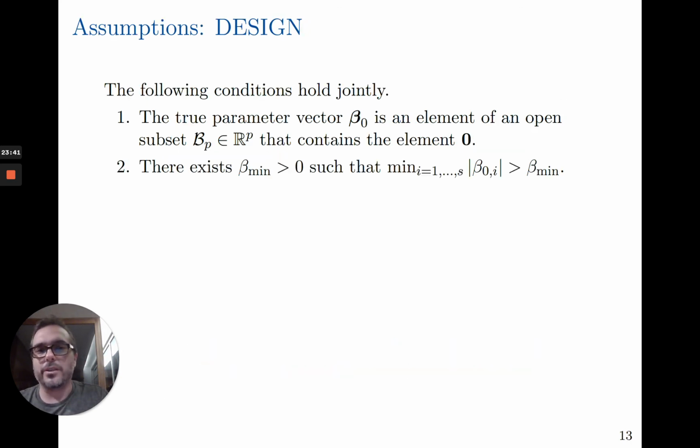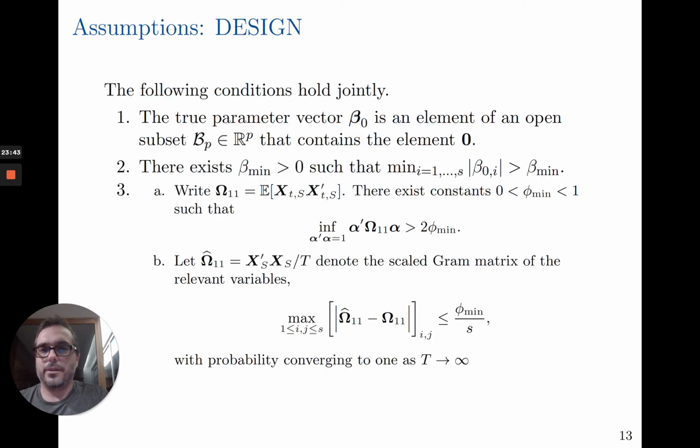There are also assumptions about beta min. This is the assumption that I told you, that beta min is a lower bound for all the parameters that are in the relevant set. And assumption 3 is related to the restricted eigenvalue. I don't need to go through them here, it's really technical. One thing that's important is assumption 2, and this is important in practice.